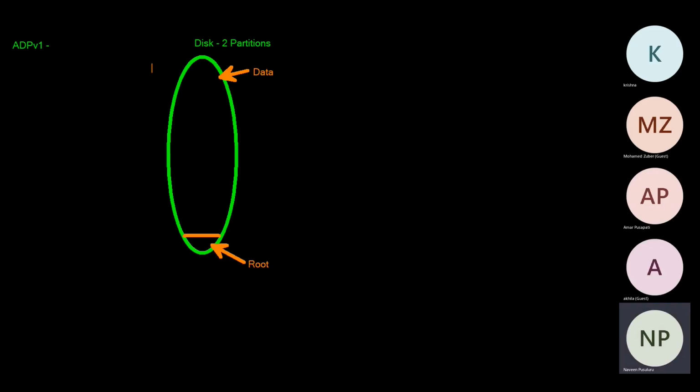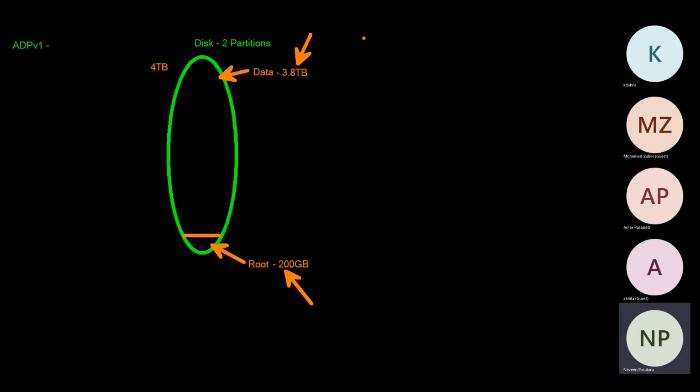Let's assume that this is a 4 TB drive. Out of 4 TB, let's assume 200 GB for the root partition, not an exact value, and the remaining, like 3.8 TB, for the data partition. The root partition will be used for the root file system, the root storage pool, and the data partition for the data storage pool. You can create a data storage pool and utilize the space properly. This is ADP version 1.